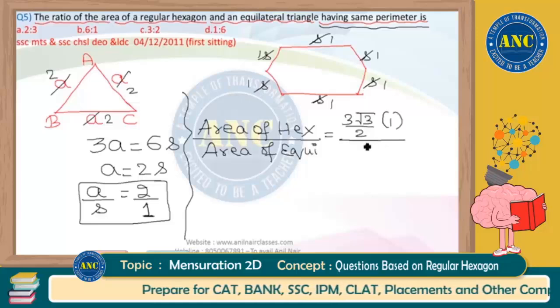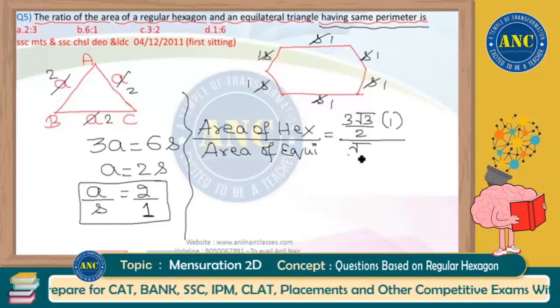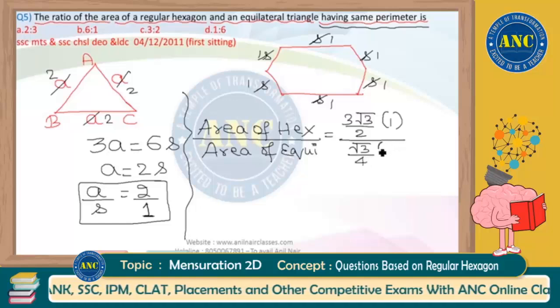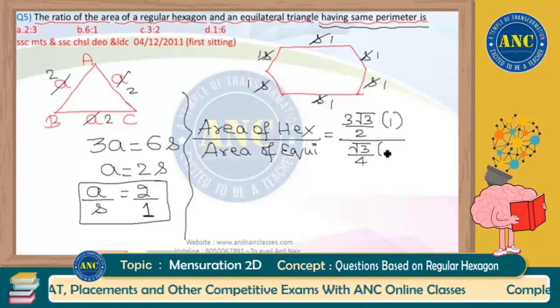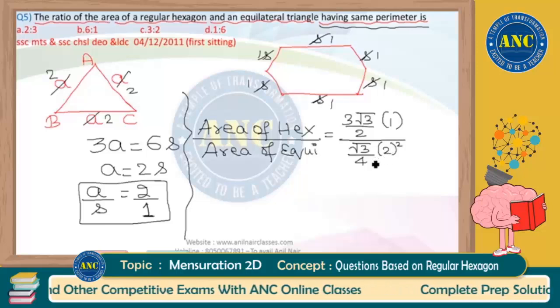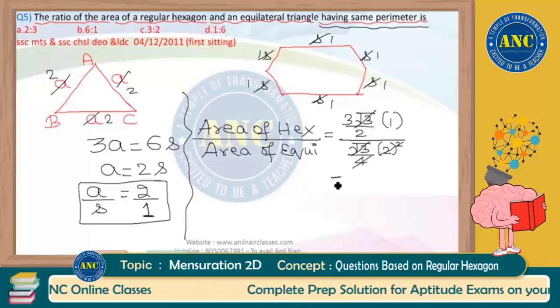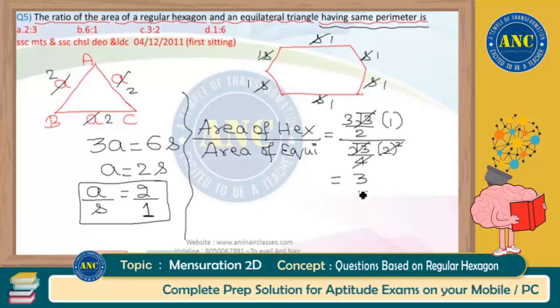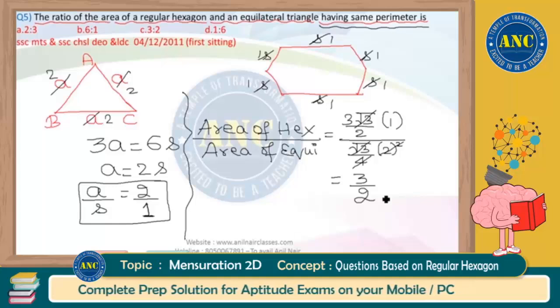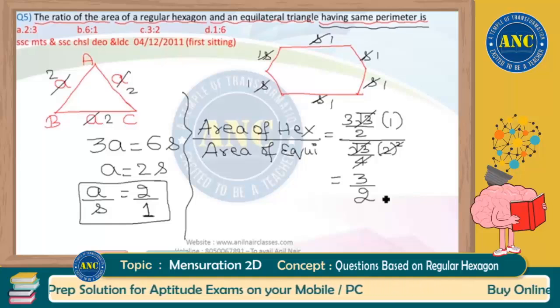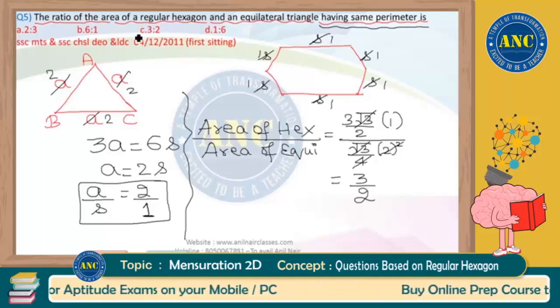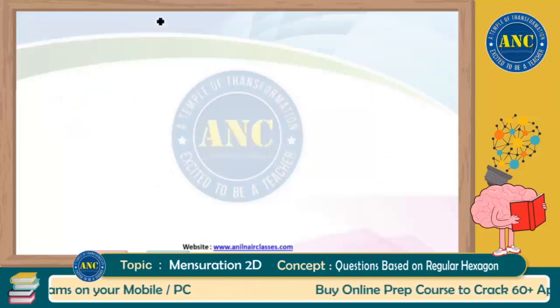Area of an equilateral triangle is root 3 by 4 into a squared, and the side squared is 2 squared here. So 4 will cancel with this 4, and you are cancelling root 3 also. Finally you are left with the regular hexagon area and equilateral triangle area in the ratio 3:2, which is nothing but option C.